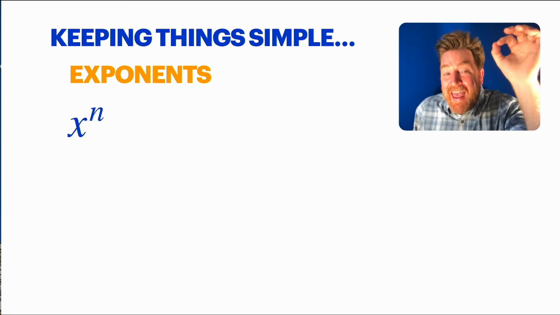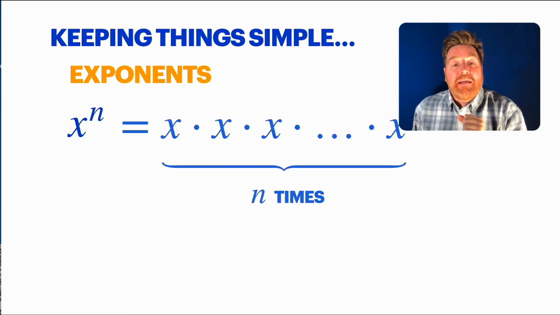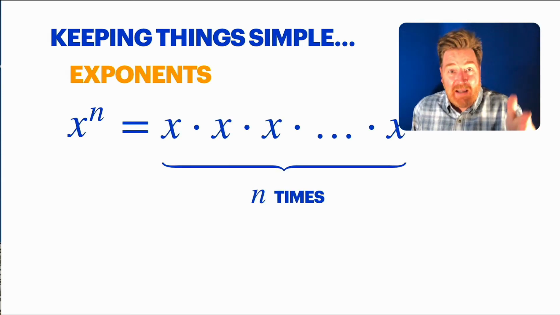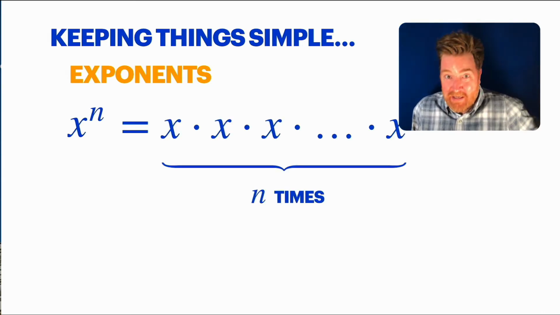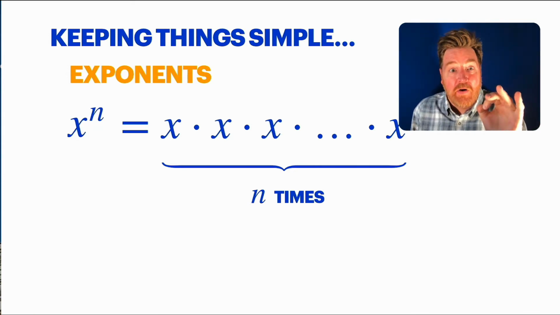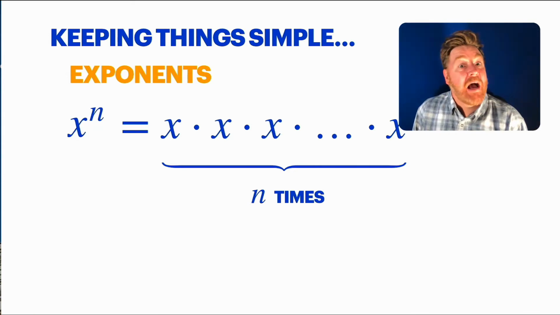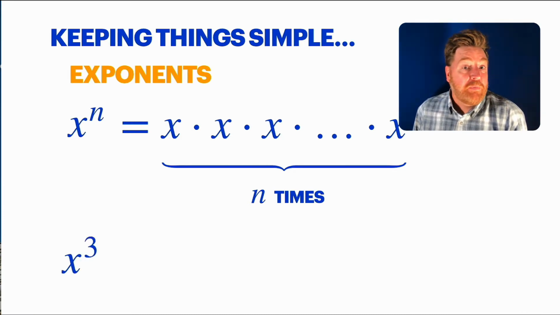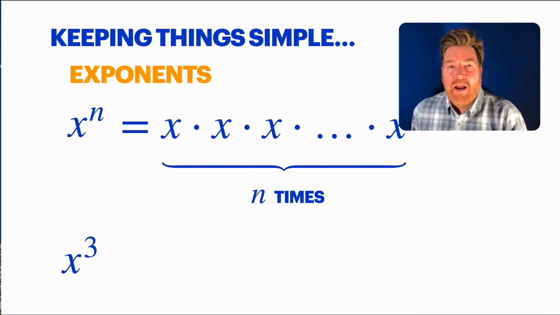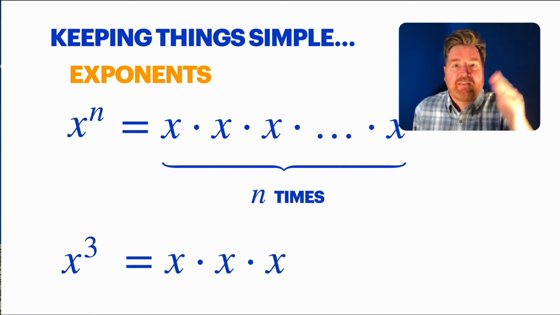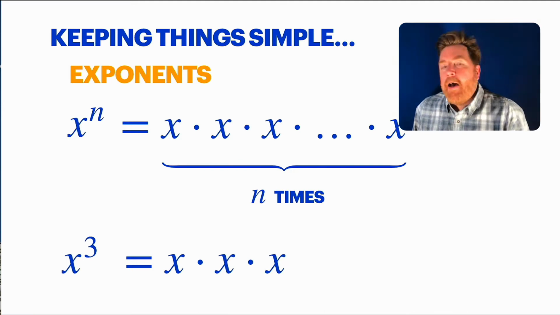X to the n means x times x times x, and so on, times x, n times. So that little exponent just tells you how many times the variable x is multiplied by itself. So, for example, x to the third power, or x cubed, is just x times x times x, 3 of them. You guys know that.